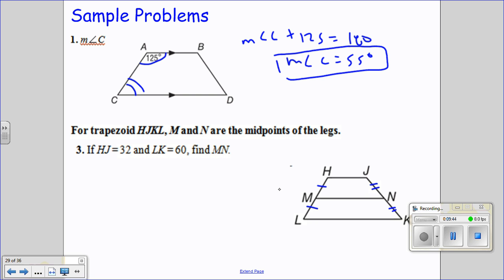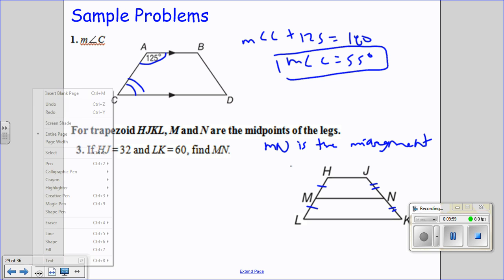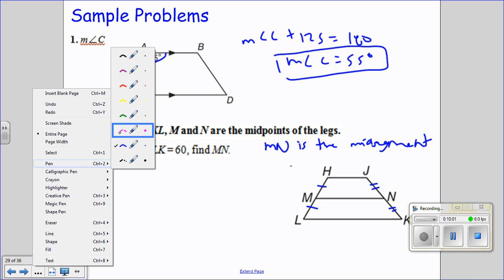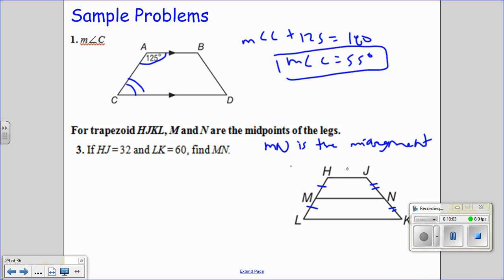So that means that segment MN is the midsegment. And then it tells us HJ is 32. So let's mark that on our picture. LK is 60. It wants us to find the midsegment.